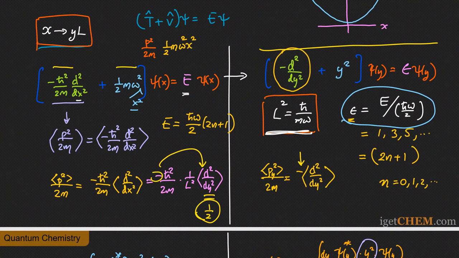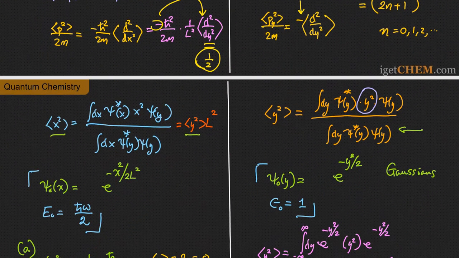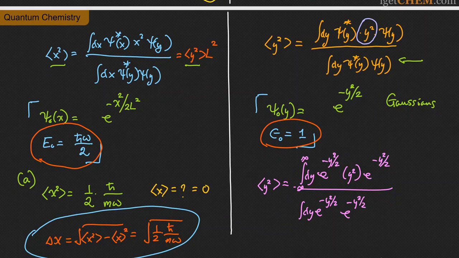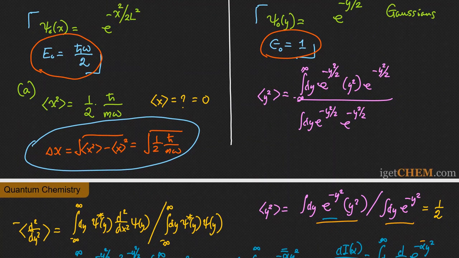The only one that we have worked out in this case is for the ground state, which has eigenenergy h bar omega over 2. So the question is, if you apply the same calculation to the other eigenvalues, what would you actually get?